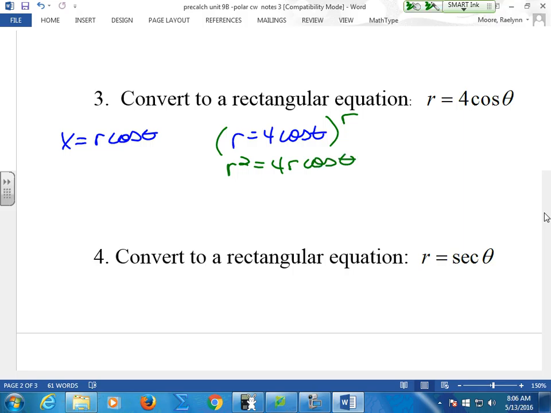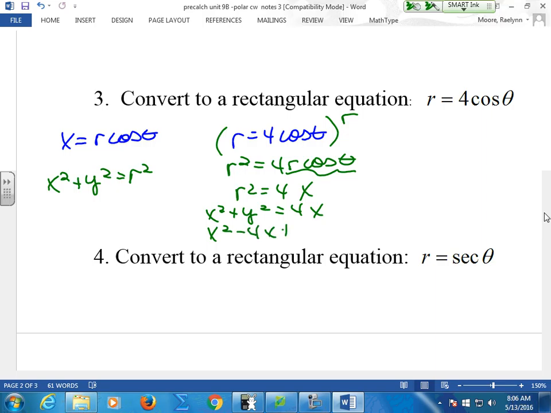So what is this? This is now x. Good so far? How do I get rid of my r squared? What is the other piece of information that uses x and y? So can I replace r squared with x squared plus y squared? And it looks like we got a circle with a translated center. Good?